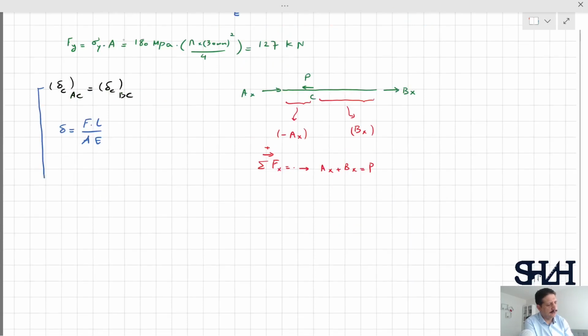Now if we substitute the elastic elongation equation, this delta C should be the same for AC and BC. It means that AX times L of AC, which is 400 millimeter, divided by A times E for the AC part, should be the same as BX times 800 millimeter for the BC length, divided by A of BC times E.